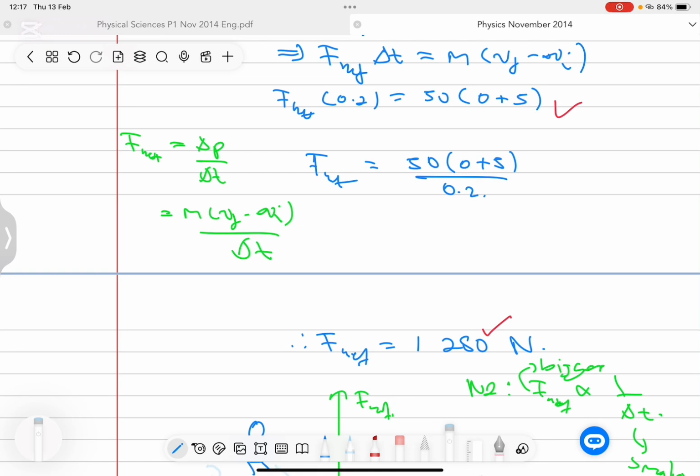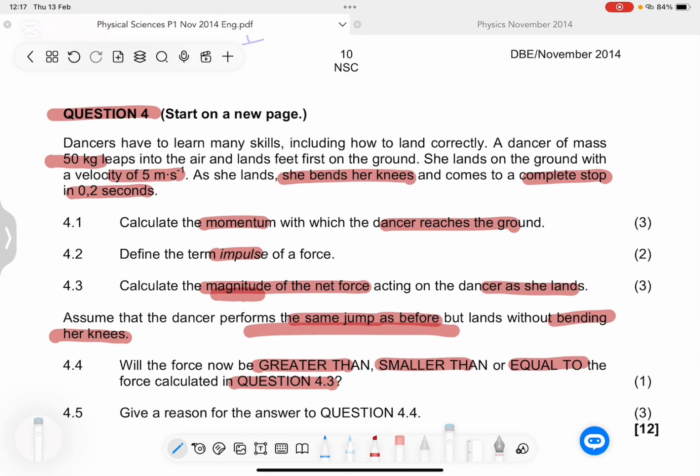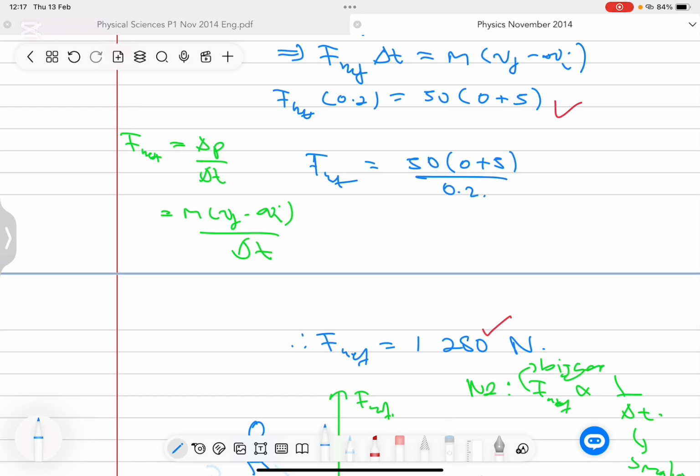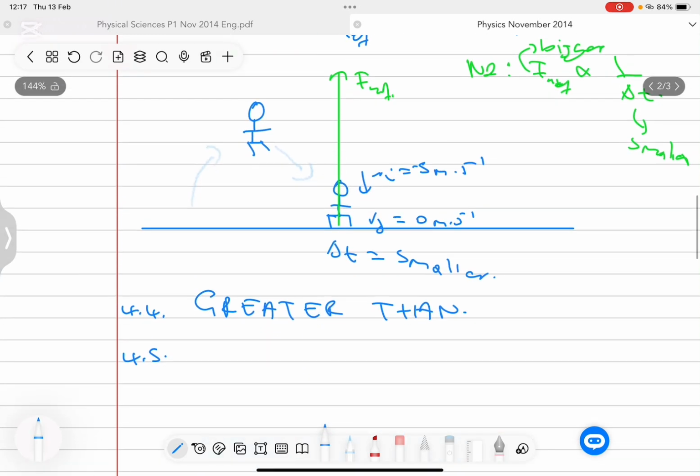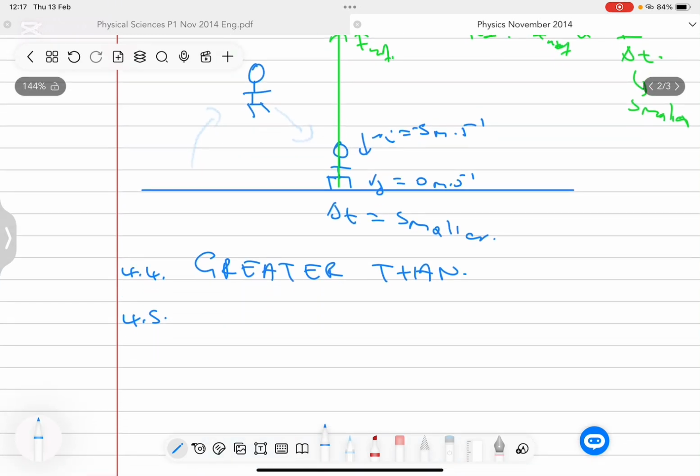Now I'll go to answer question 4.5, which says give a reason for your answer to question 4.4. To answer this question becomes really boring because we've already given reasons when we were interpreting this problem, to say why it is greater than. So perhaps what we need to do is to put it in words.